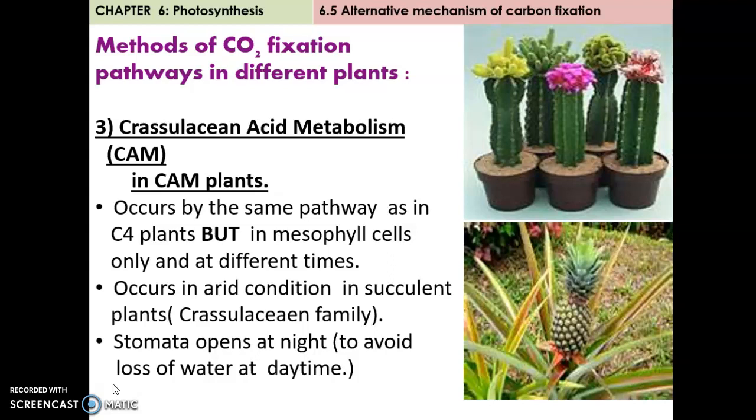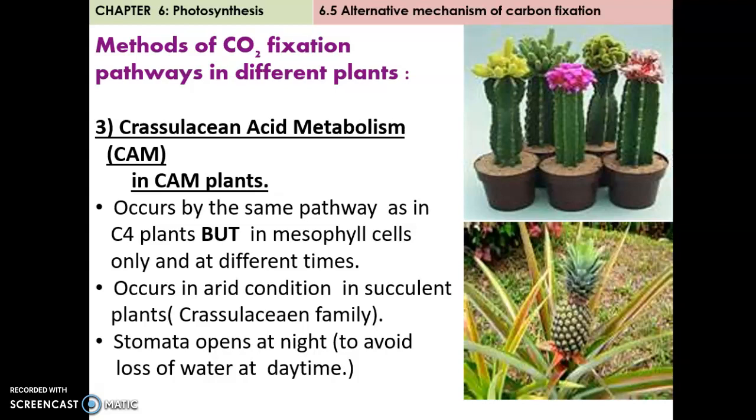Both occur in mesophyll cells, but the first carbon fixation occurs at night and the second during the day. The first and second carbon fixation are actually the same as what happens in the C4 pathway.